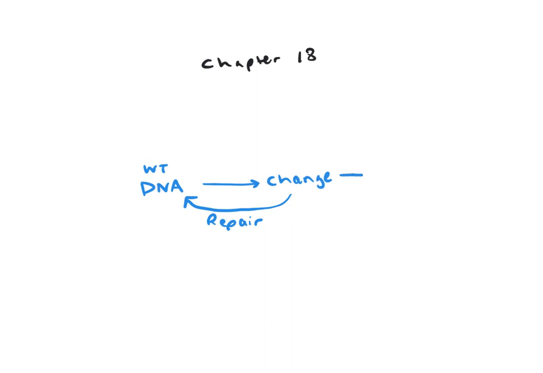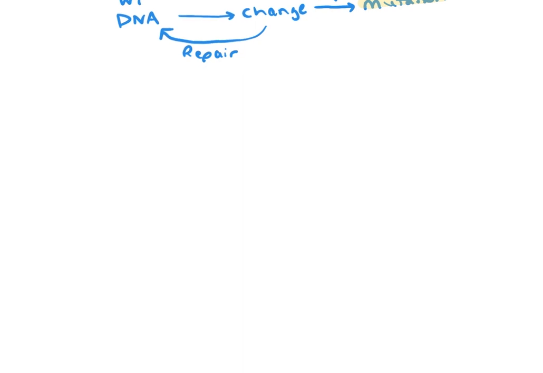Now, if the DNA replication machinery and the cell division machinery move on before that change can be repaired, then it's going to be incorporated into the cell as a mutation. And so now that change in DNA is going to be passed on either to daughter somatic cells or potentially to progeny.